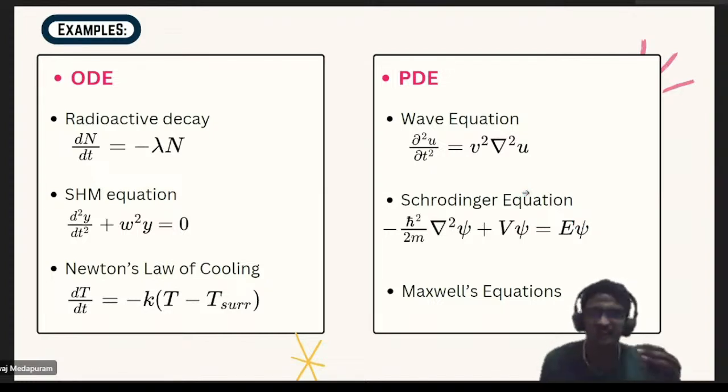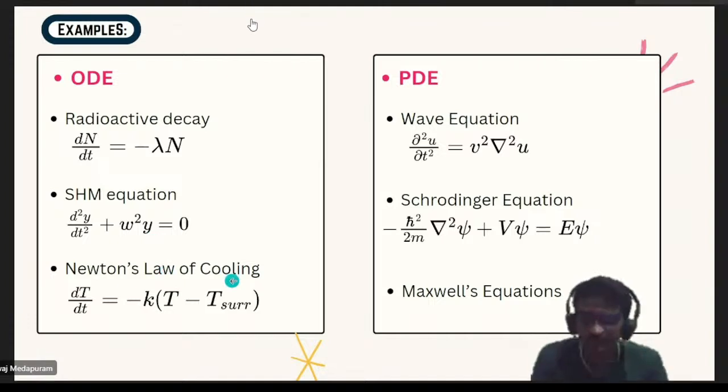These are just to give an idea about what ordinary differential equations and partial differential equations are. We have the SHM equation. This is quite famous actually. Here you can see that the only derivative involved is with respect to time.